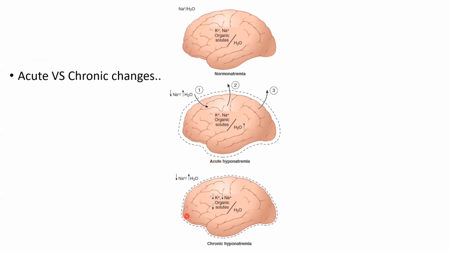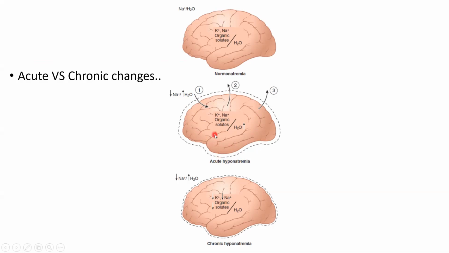But if it stays there, then it's at a cost. If you remember, I did say something like that. So this is a very good example. The initial event was decreasing sodium or increasing water. What happens is water then, by osmosis, enters into the brain cells, swelling them and increasing the water content of brain cells.